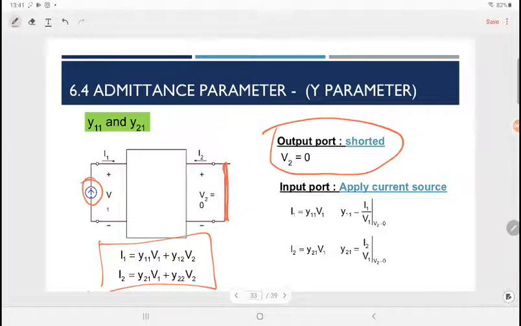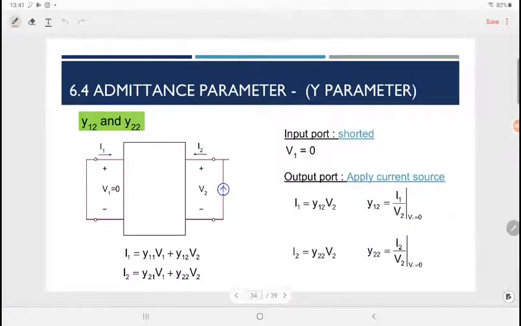So that's why we introduce the current source at the input port. From there, Y11 can be found using the ratio between I1 and V1 when V2 is short circuit, and Y21 is I2 divided by V1 when V2 is equal to 0. These steps you need to remember in order to find Y11 and Y21.